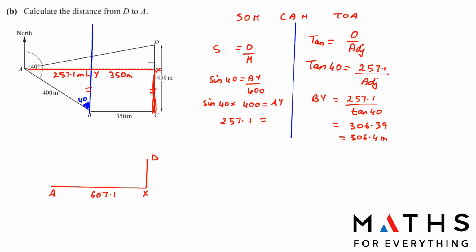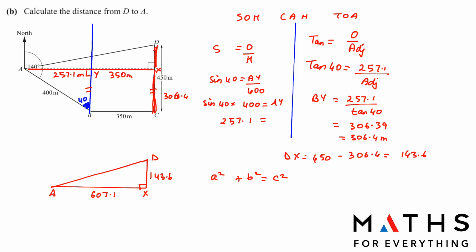Now that we know that this is 306.4 meters, we can find DX by subtracting 306.4 from 450. Sorry, it is 450 here. And that will give us 143.6. So this is 143.6. We know this is a right angle triangle. We will use the Pythagoras theorem, which is a squared plus b squared is equal to c squared. C is the hypotenuse, the side opposite the right angle, which is AD squared.